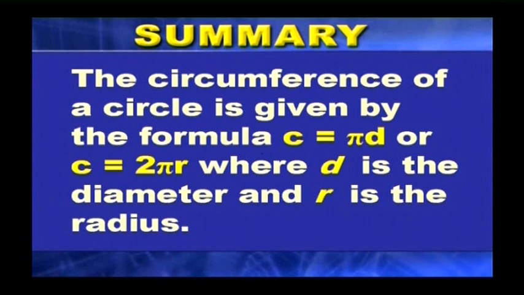The circumference of a circle is given by the formula, I hope we are watching, C is equal to pi d, or C is equal to 2 pi r, where d is the diameter and r is the radius.